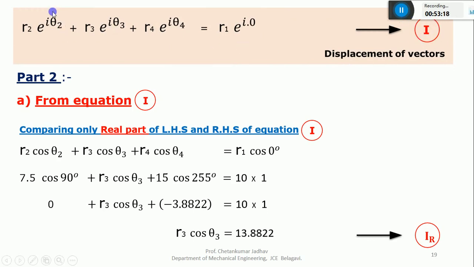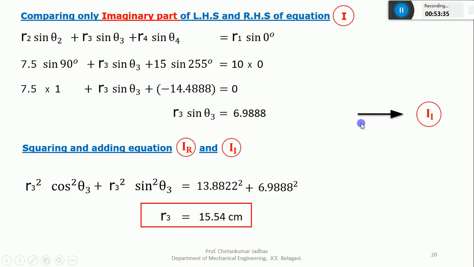I'll compare the real part of LHS as well as RHS. So comparing only the real part, I got this one. I'll give it as the first equation with the real part. In a similar manner, I'll compare the imaginary part of LHS and RHS of equation 1, and I'll get this one.